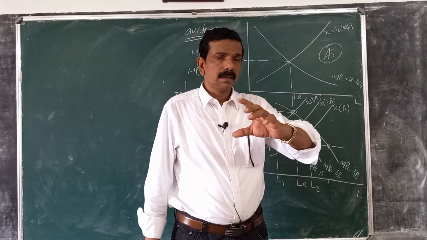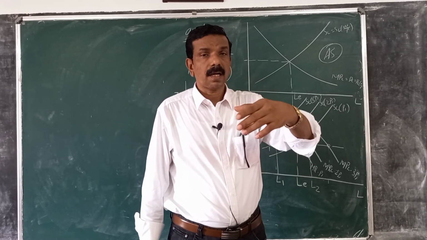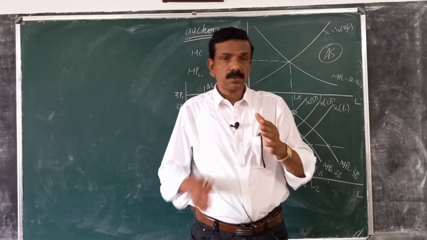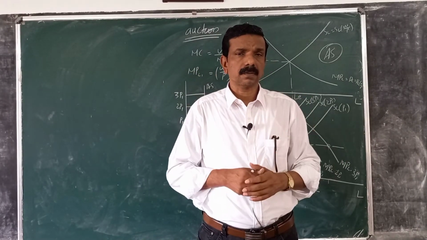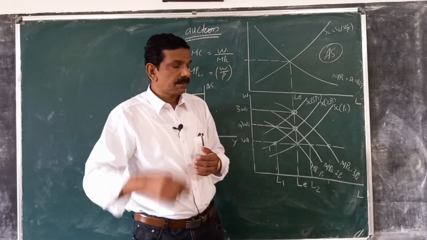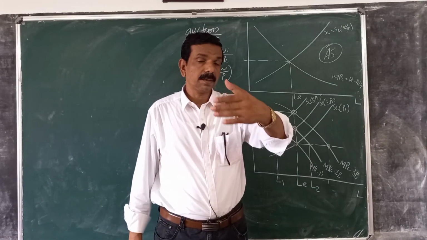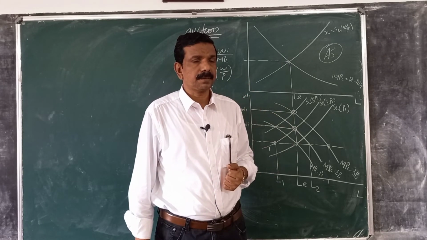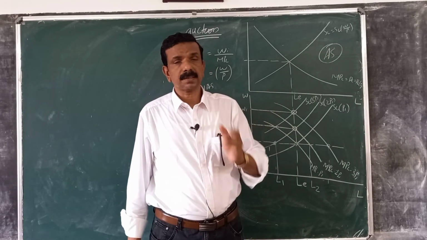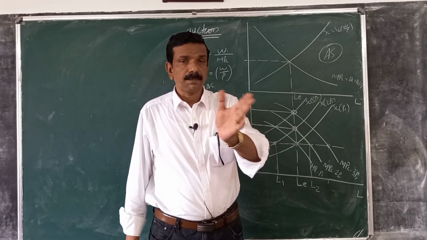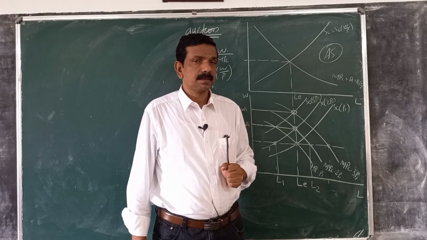Then only can they make calculations about the real wage. And these two assumptions are essential for the classical theory of equilibrium level of income and output determination: fully flexible prices and wages and perfect information on the part of market participants.